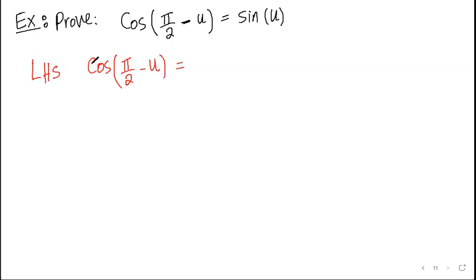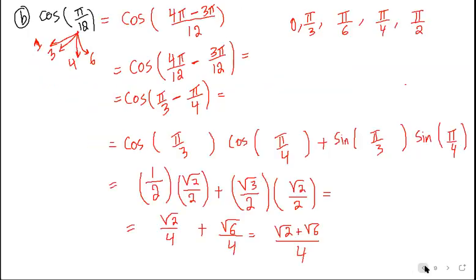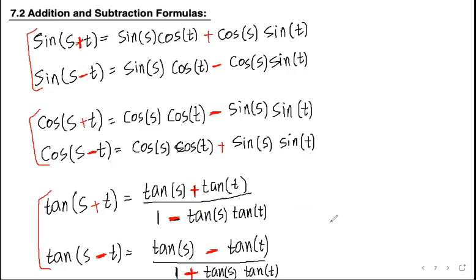Now, by using the formulas before, cosine of the first angle minus the second angle is equal to cosine cosine plus sine sine.